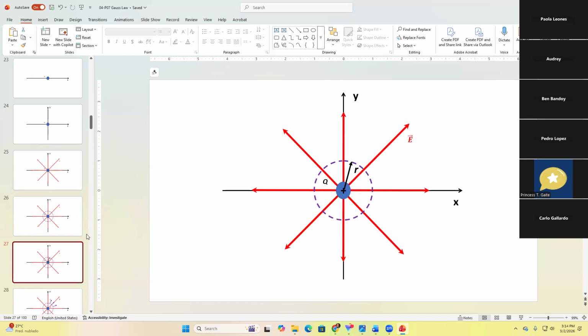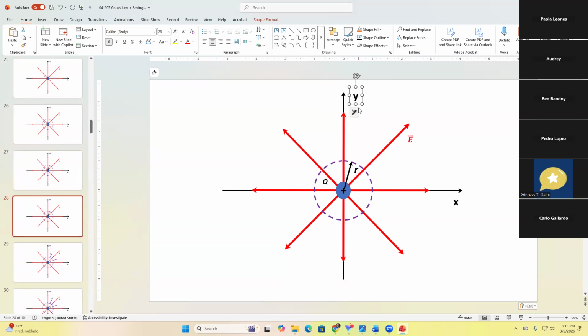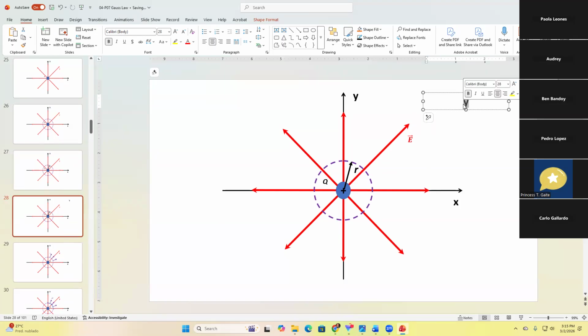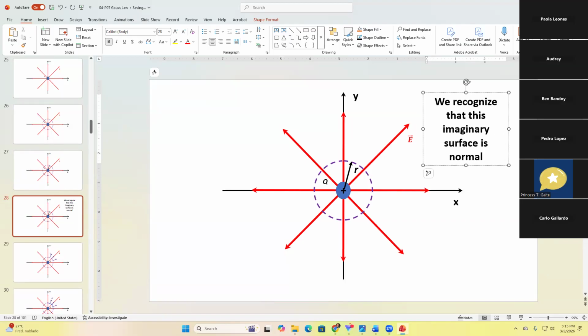In the next thing, we recognize that the electric field is perpendicular, is normal to this imaginary surface, right? We recognize that this imaginary surface is normal to the E field, like that.